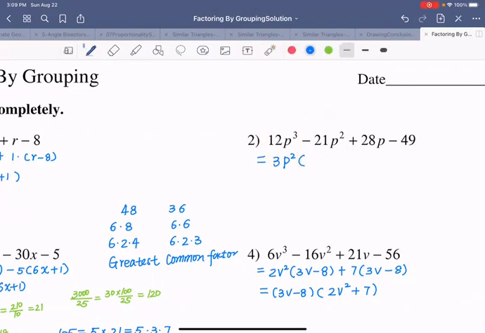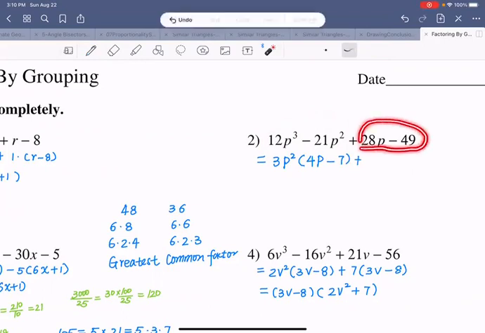4p. Minus who? Minus 7. Plus, how much you want to take out here? 7. Very good.